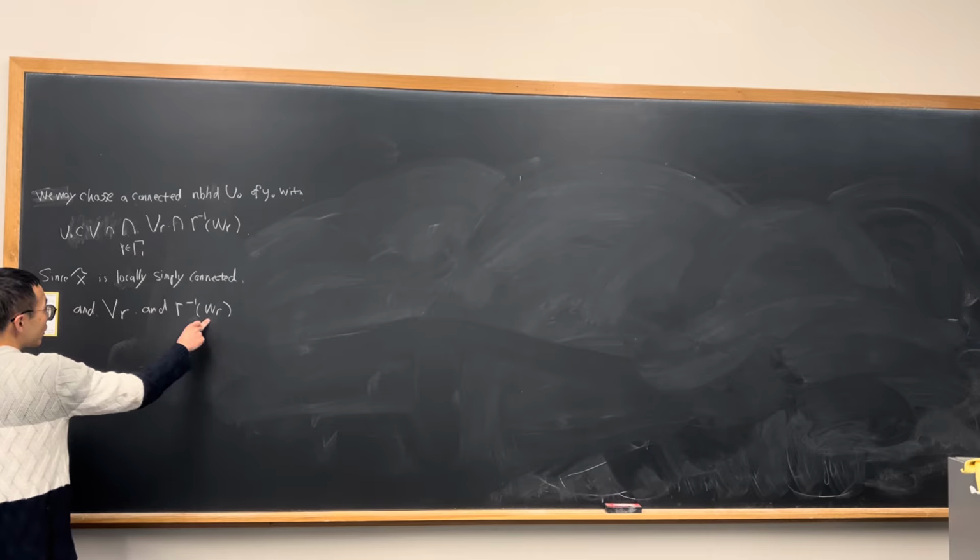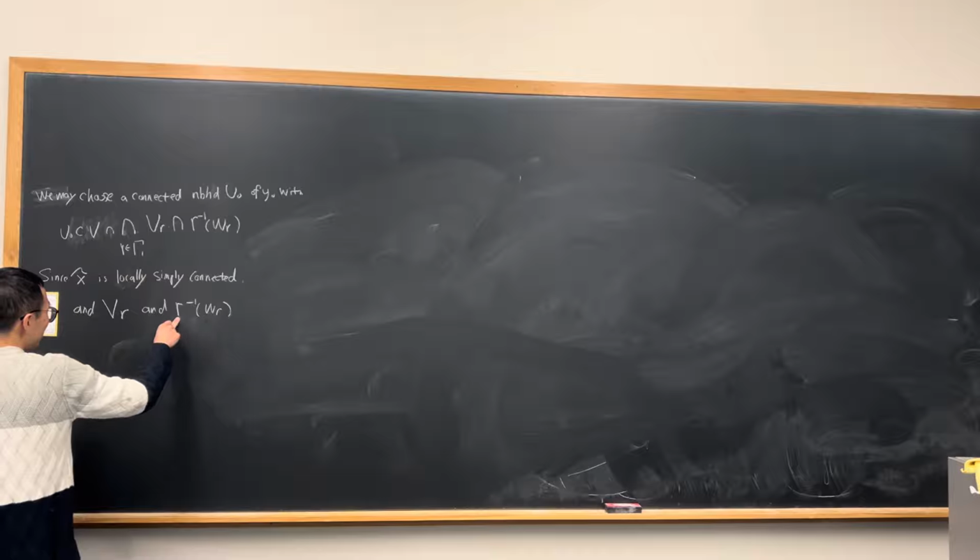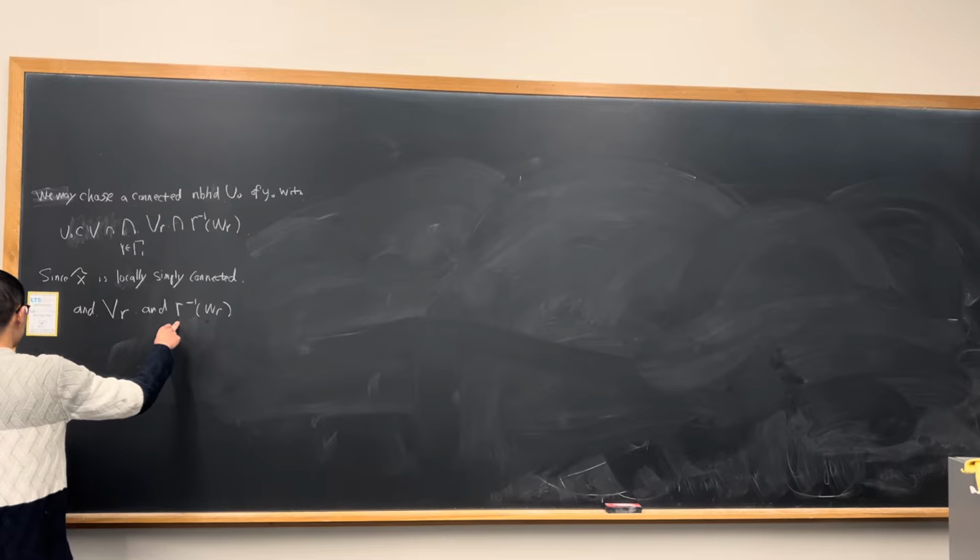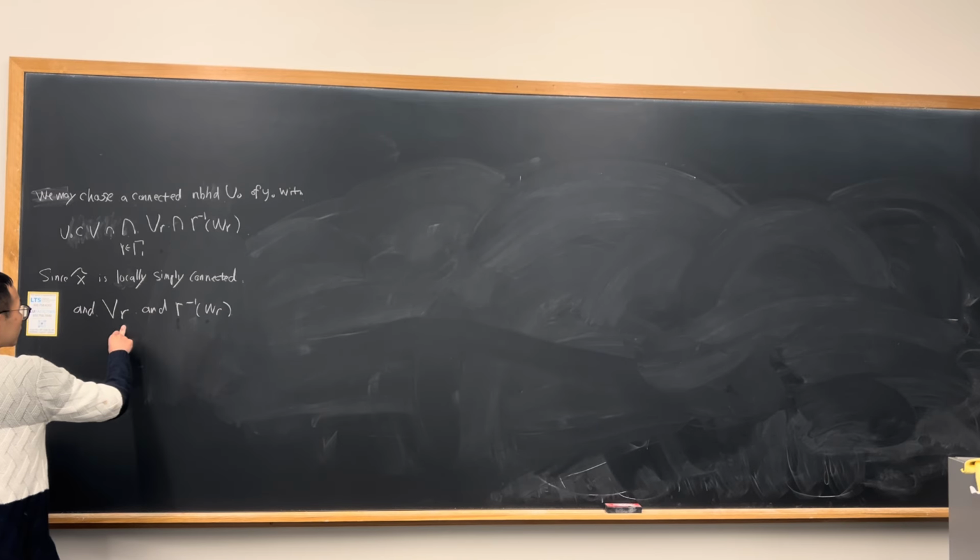So this W r is open, right? And this r is a deck transformation, right? So deck transformation means that it's a homeomorphism, right?